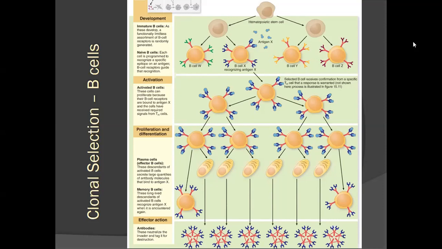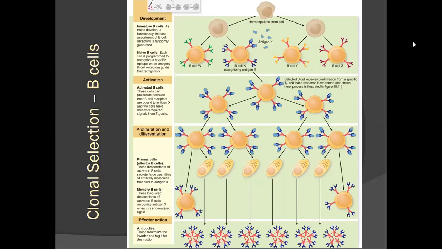Upon T cell activation, you have proliferation. So you'll have, in this case, what we would just call effector T cells that are engaging with the pathogen. And then you will have your memory T cells that can remain around for a long period of time, just like my good friend Alyssa Jackson in the back mentioned. So again, it's a really similar process.